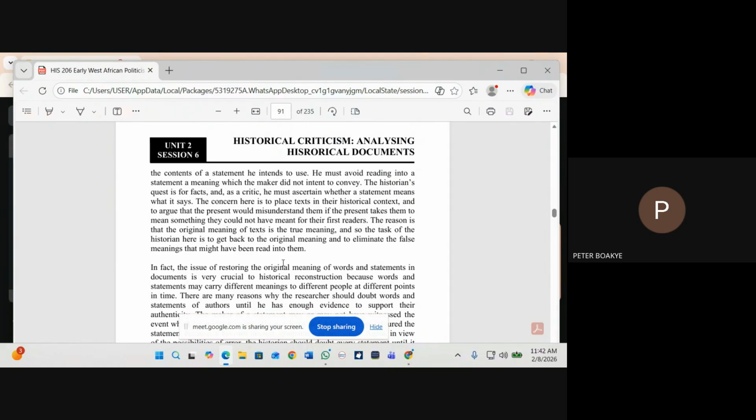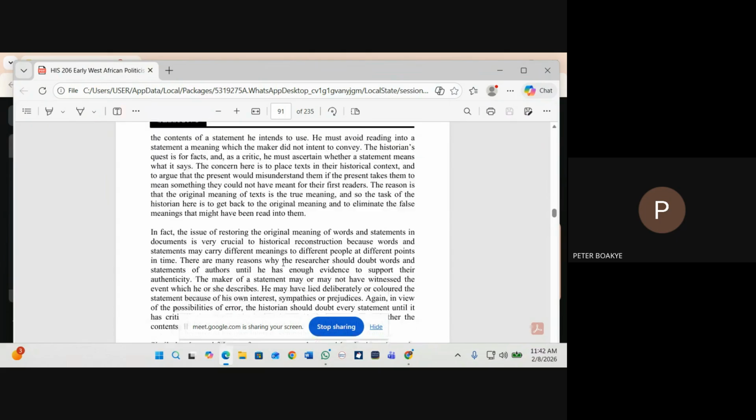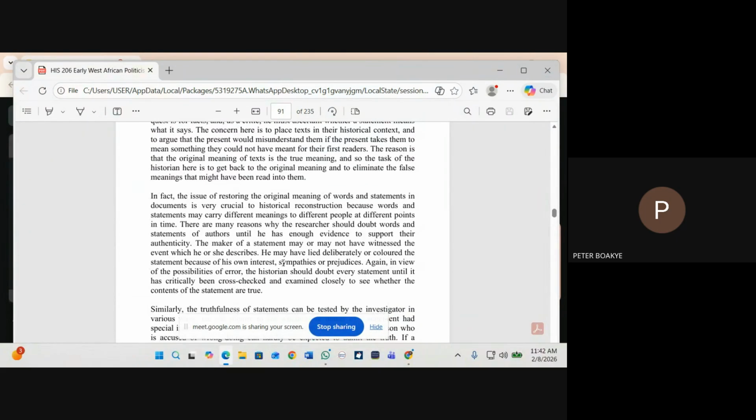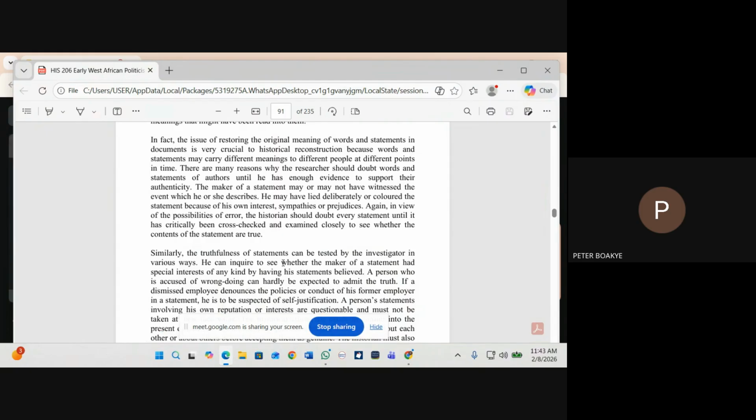The concern here is to place texts in their historical context and to argue that the present world would misunderstand them if it takes them to mean something they could not have meant for their first readers. In fact, restoring the original meaning of words and statements in documents is very crucial to historical construction, and it helps us come out with the original meaning and trustworthiness of things.